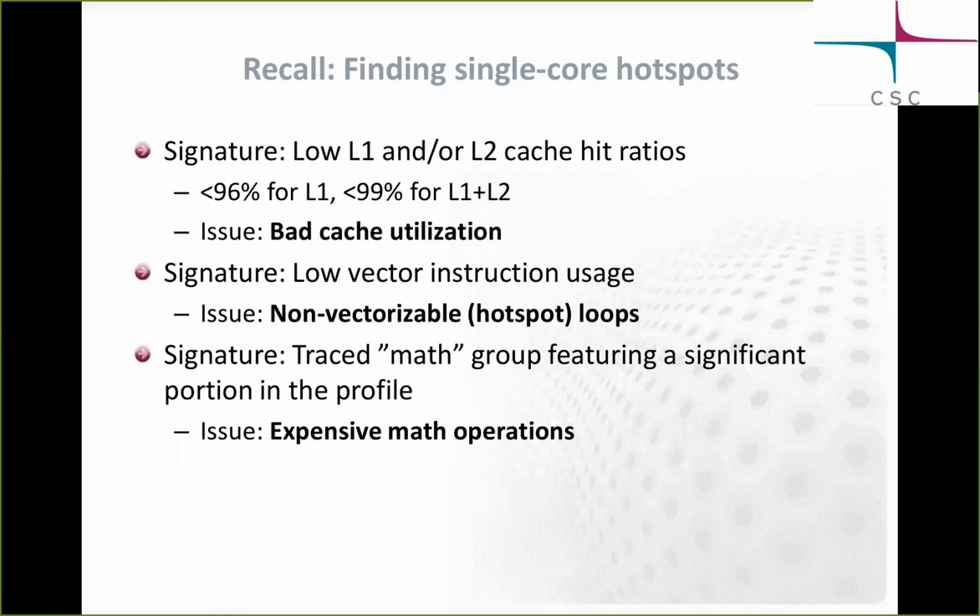Furthermore, most of the profilers, or I would say all of them, are able to separate in the profile if there's a lot of time being spent on expensive math operations like logarithms or exponentials and so on. So different kinds of intrinsic math functions. And that's an issue, and there are a couple of things we can do about it.